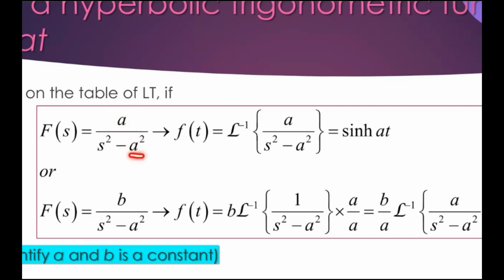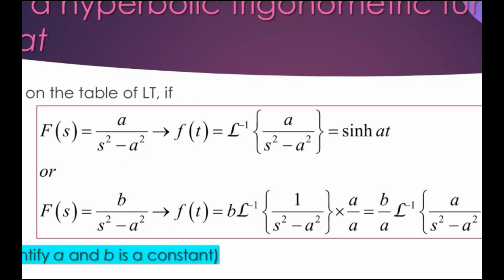So this one should be a squared, and this one should be a. Now the problem is when the numerator is not equal to a, for example, you have b like this one. So we need to modify this one so that it can be equal to this one.